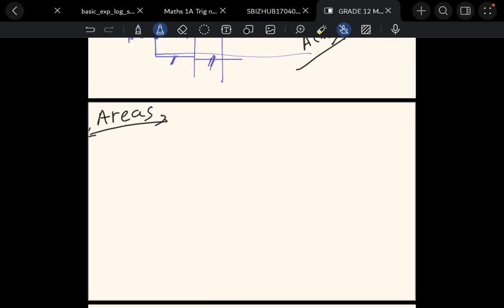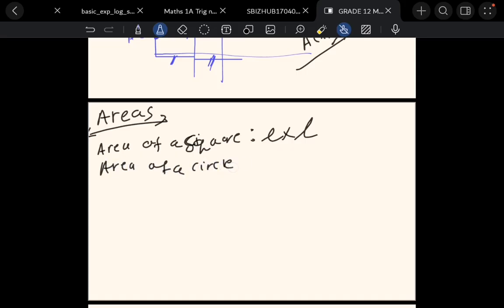Now the area of a square, it's length times length, right? The area of a circle, it's pi r squared, and the area of a trapezium is h over 2 times (a plus b).